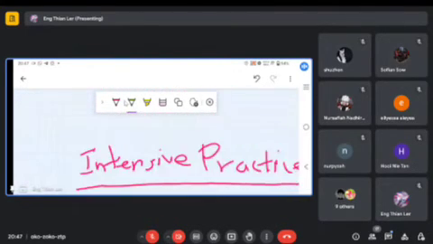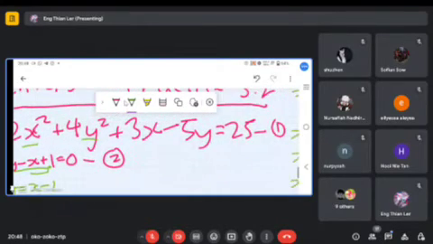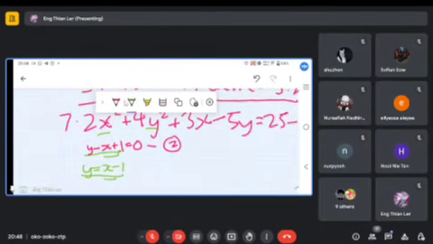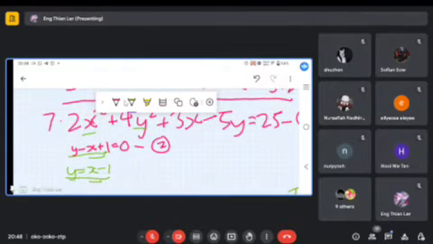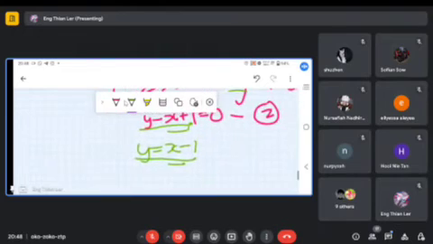Now look at this equation, 2x squared plus 4y squared plus 3x minus 5y equal 25. First we substitute all the y's with x minus 1.